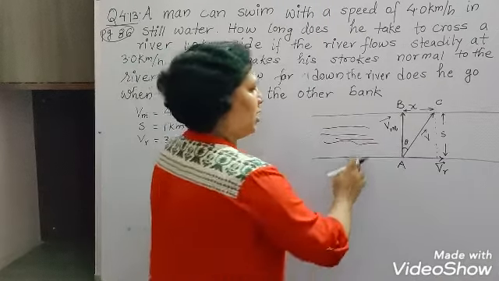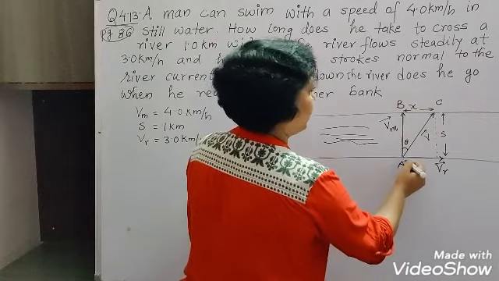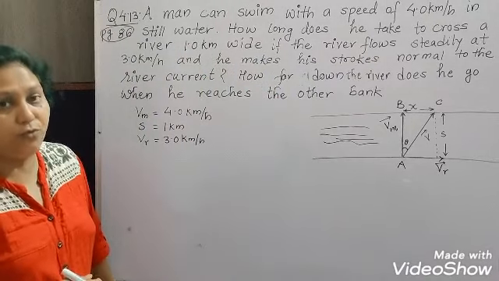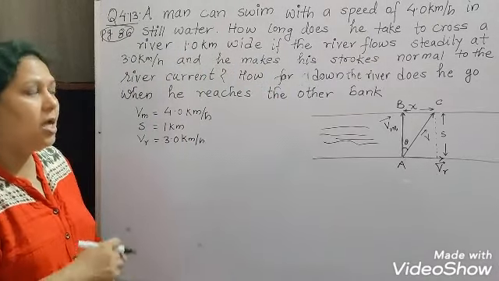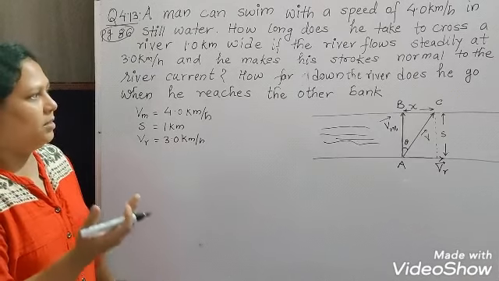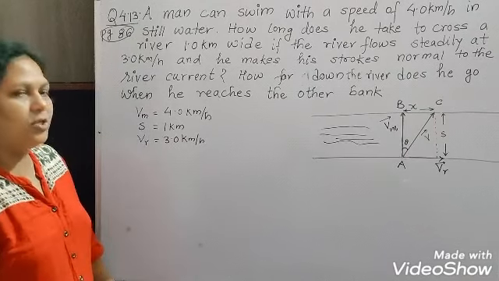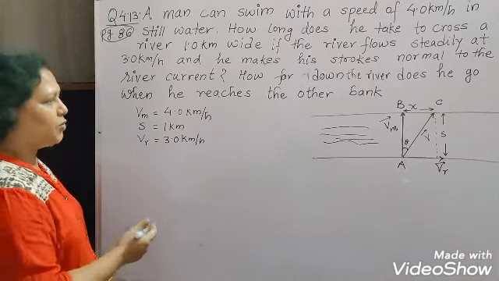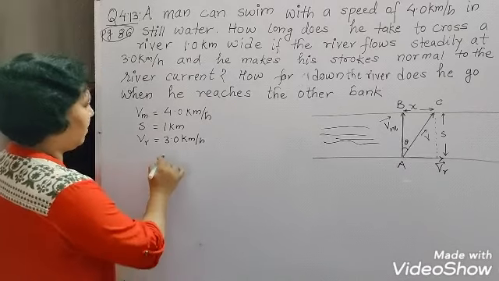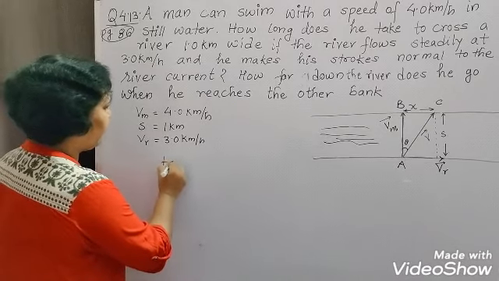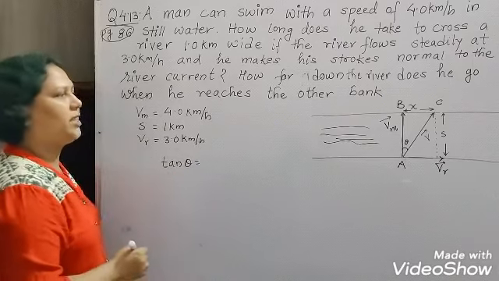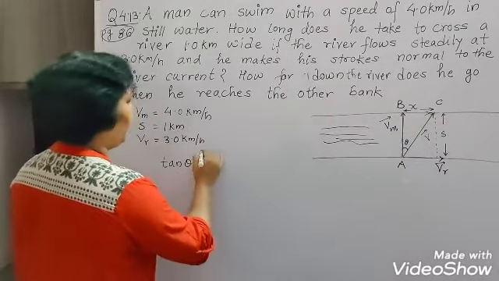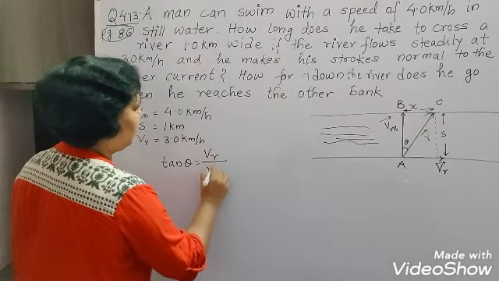Now we will apply this formula. When this type of scenario is there, we have already calculated what the resultant velocity would be and what the time would be by which the person will reach there. All this formula we have already derived, so we will just apply it. In triangle ABC, tan theta is equal to VR upon VM.